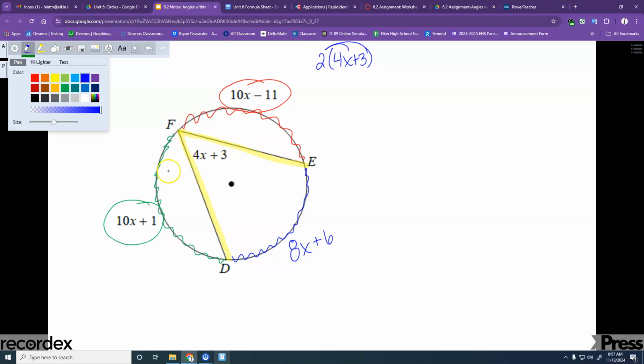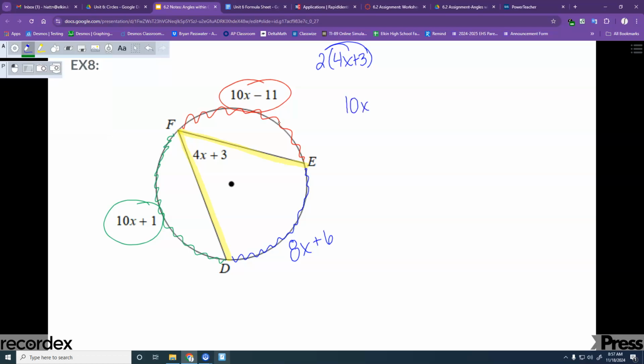So if I take these 3 arcs right here, that makes up the whole circle if I put them all together, right? So I can add them together, 10x minus 11 plus 10x plus 1 plus 8x plus 6. And if I add all of those arcs together, that should equal 360 degrees because it's a whole circle.